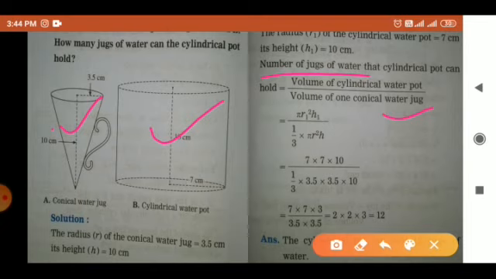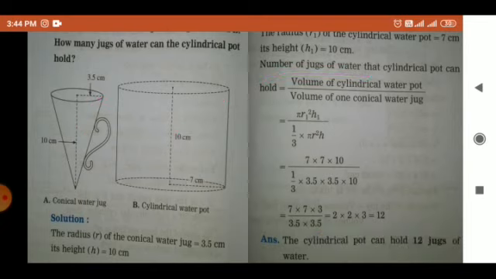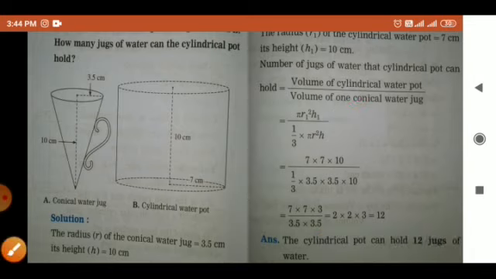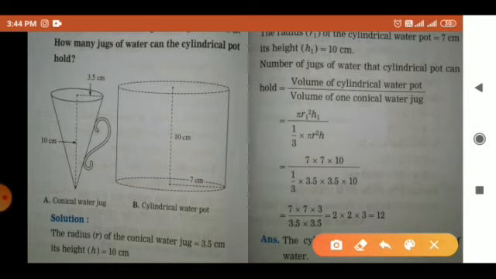So then we will apply the formula. Since the volume of a cylinder is pi r square h, but here we have taken r1 and h1, we will write pi r1 square h1, and for the volume of the cone it is 1 upon 3 pi r square h. Then we will substitute all the values as given in the figure.